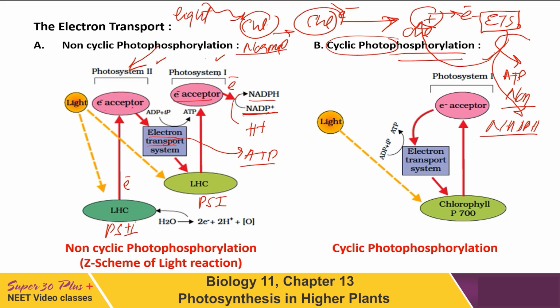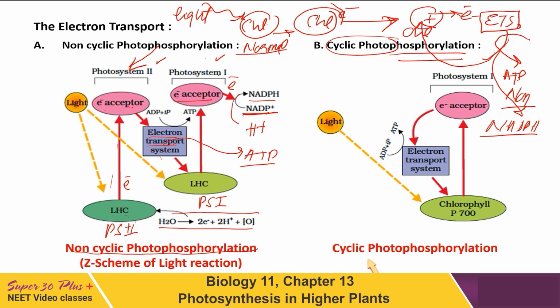Now the other important point here is how the electron will come back. This electron will be returned to the same chlorophyll molecule by photolysis of water. That is non-cyclic photophosphorylation. This is called the Z scheme. You are seeing that it is known as the Z scheme.